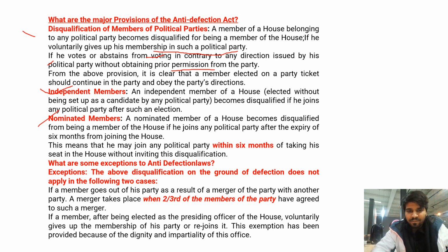So for him, this provision of anti-defection does not apply. If a member, after being elected as presiding officer of the house, voluntarily gives up his membership of the party or rejoins it, he can rejoin it as well.